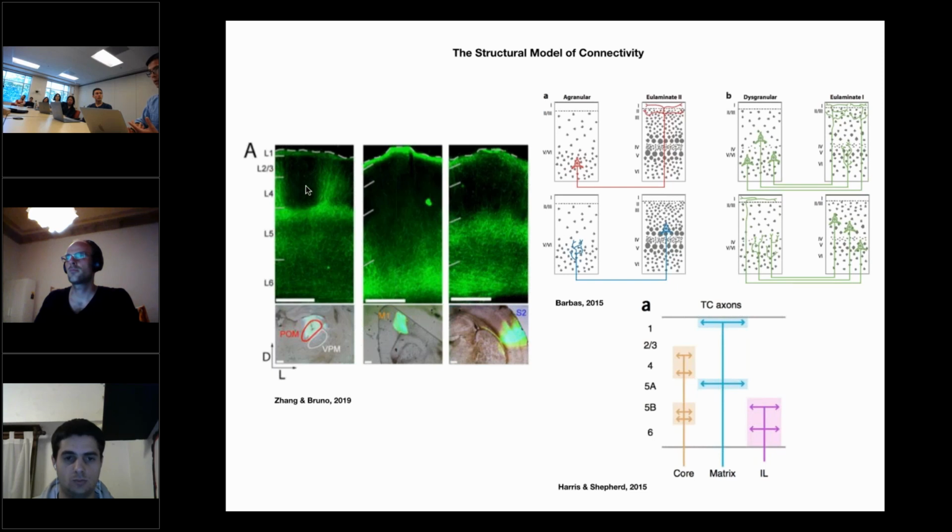Not in 4, you see here. So these are the whisker barrels themselves. If you were to look at the representation of one whisker, the input would be around here, and it's absent there. Some in 5, okay? So it more or less follows this sort of pattern, both of the structural model of connectivity for the cortex and the thalamus, all right?